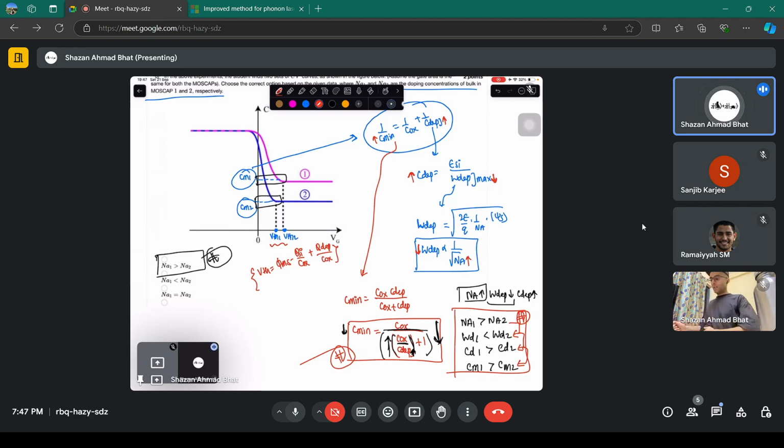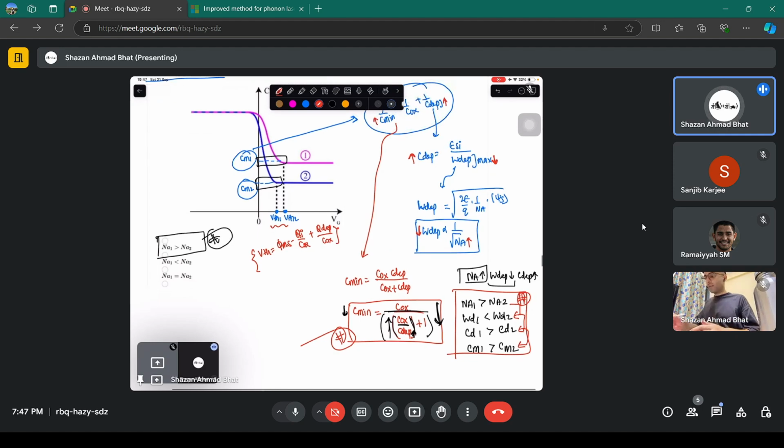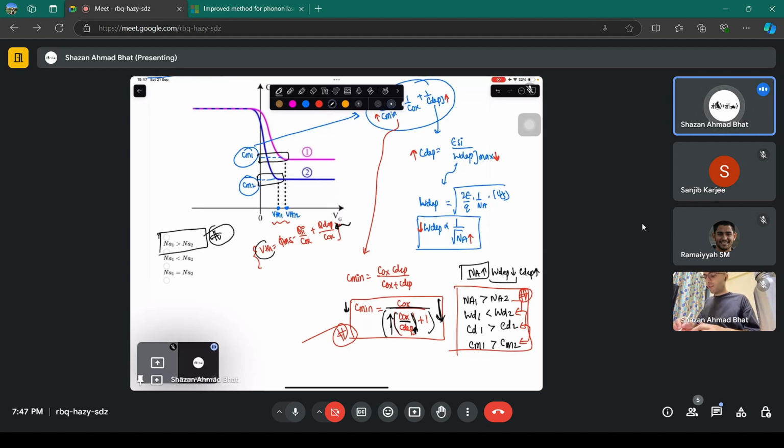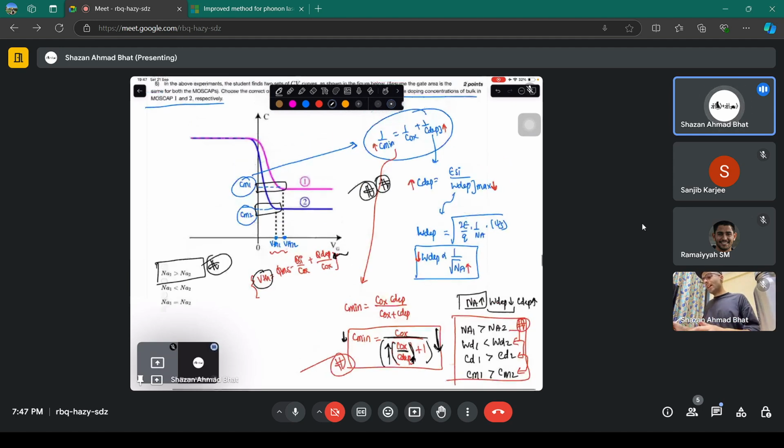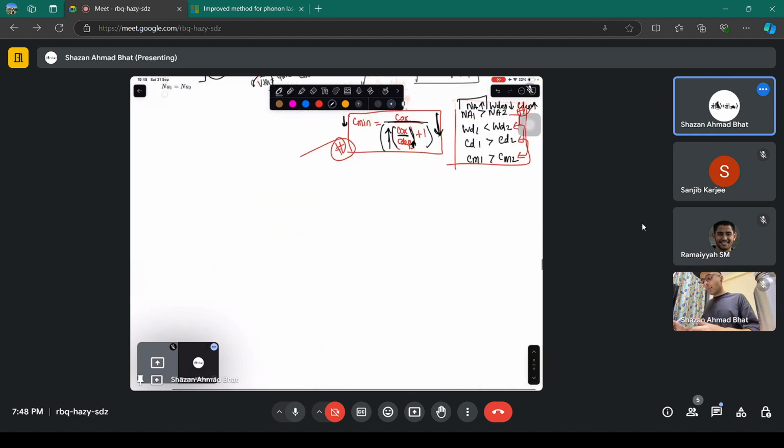This can also be used to evaluate it. But let's not go into that method. But think about it. You can use this particular Q depletion here, and you can see the effect on the threshold voltage. You will see the increase in the threshold voltage for one and decrease in the other. But that is slightly complicated. But this is the exact analysis which can be done for this question.